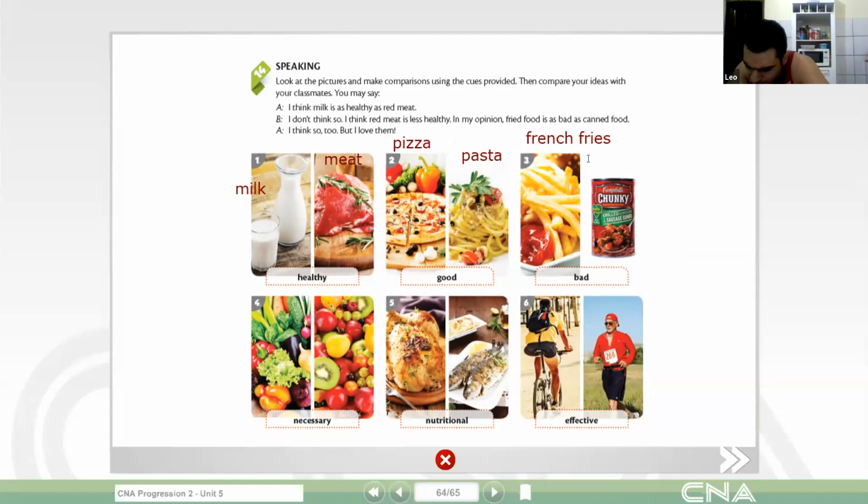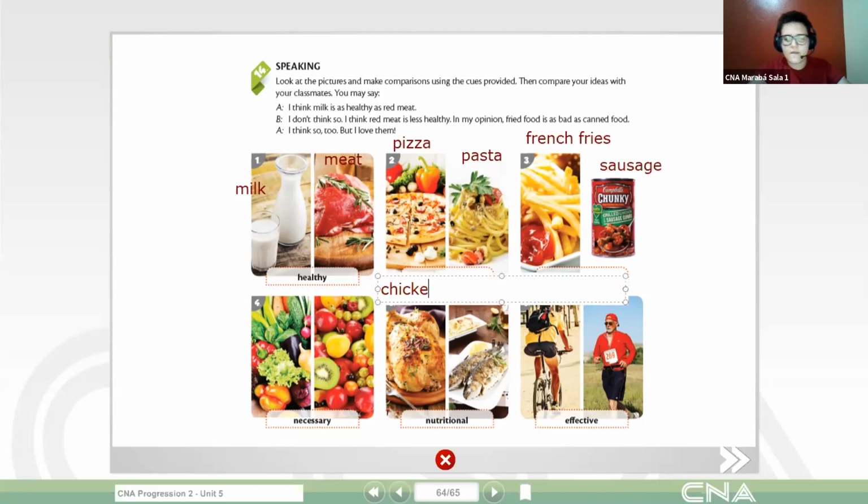Sausage. Yes, salsicha or linguiça. I don't know what it is. Sausage. In number four, we have vegetables and fruits. I'm not going to write this one. You can see vegetables and fruits. In number five, we have chicken and fish. In number six, we have cycling and running.